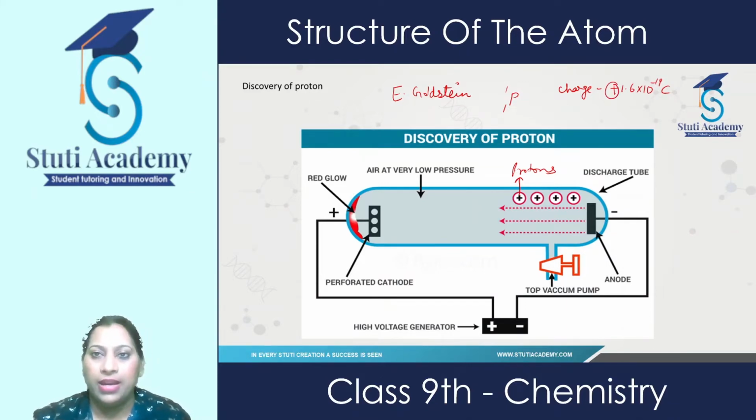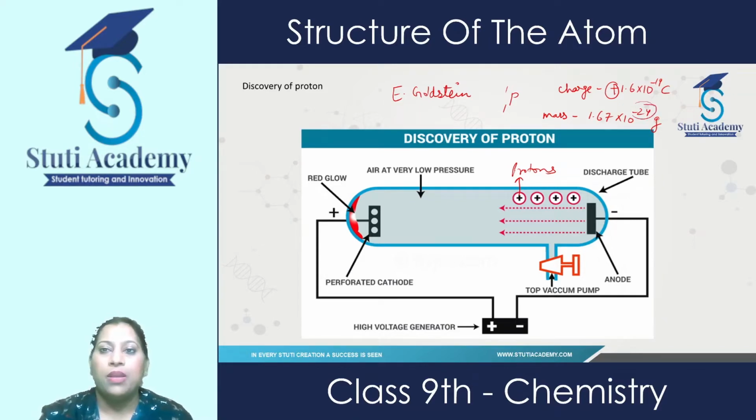Electron has negative charge and proton has positive charge. And the mass of the proton is 1.67 into 10 raised to power minus 24 gram. In some books, this number varies. In some it is written 27 or 28. So all are correct. So in this manner, the protons were discovered by E. Goldstein.